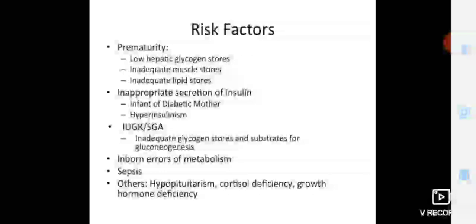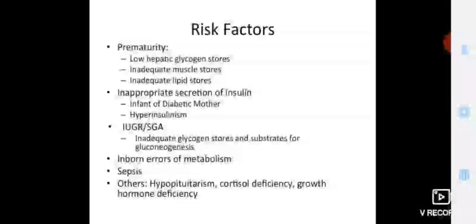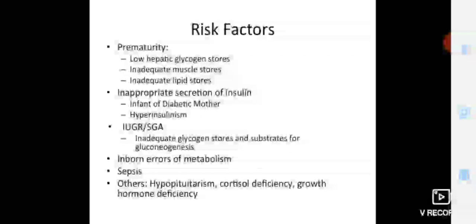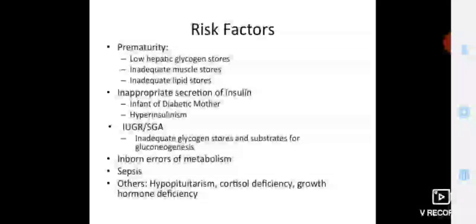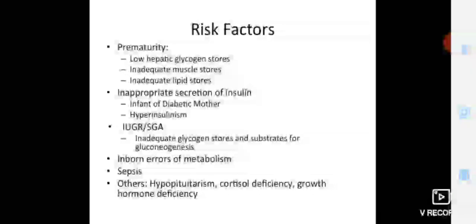Small for gestational age infants have inadequate glycogen stores and substrates for gluconeogenesis, similar to premature infants. Finally, inborn errors of metabolism, sepsis, pituitary disorders, cortisol and growth hormone deficiency should be considered in cases of refractory hypoglycemia.